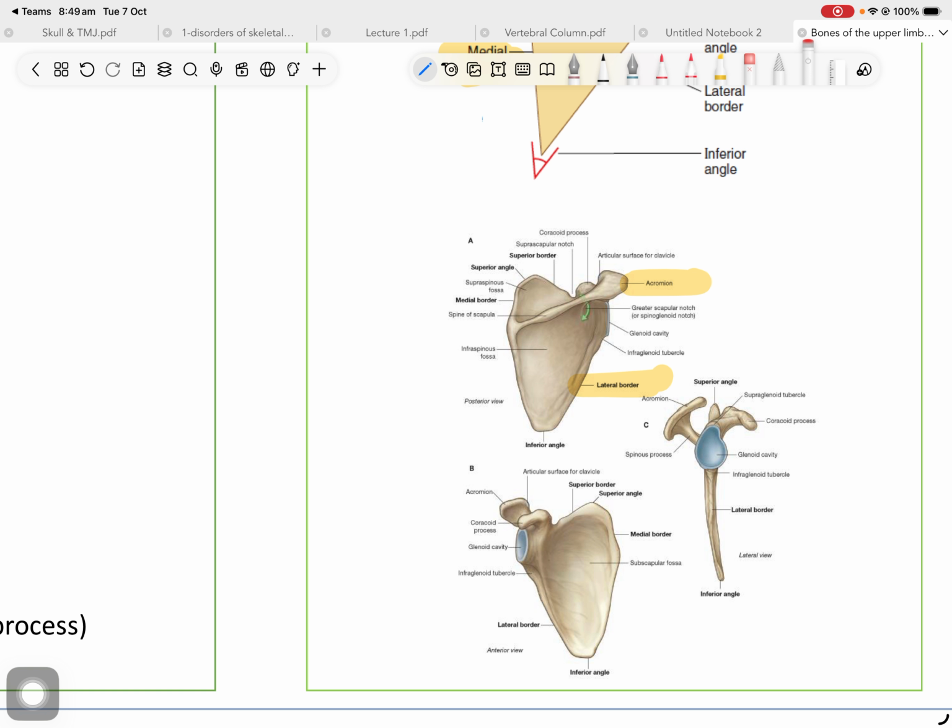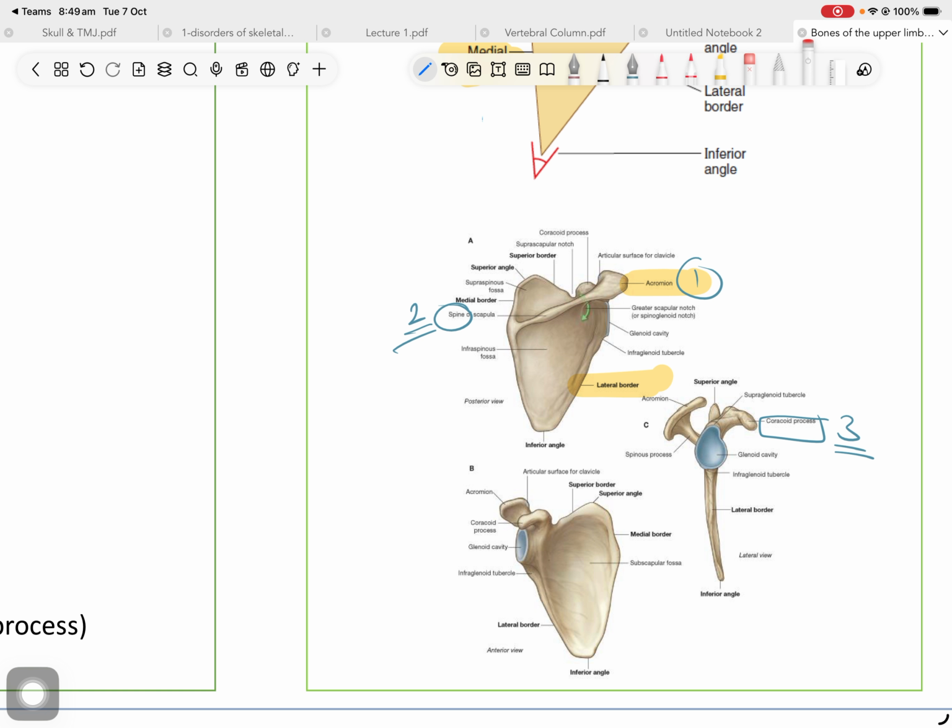So how many processes do I have? Three. I have the spinous process, which is located on the posterior surface here. Then, at the end of the spinous process, I have the acromion. Anterior to the acromion, I have another process, I call it the coracoid process, okay?